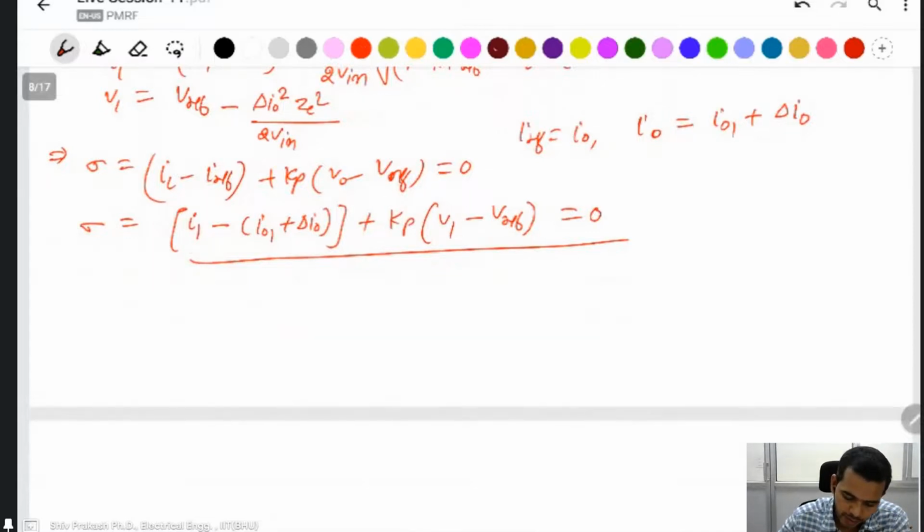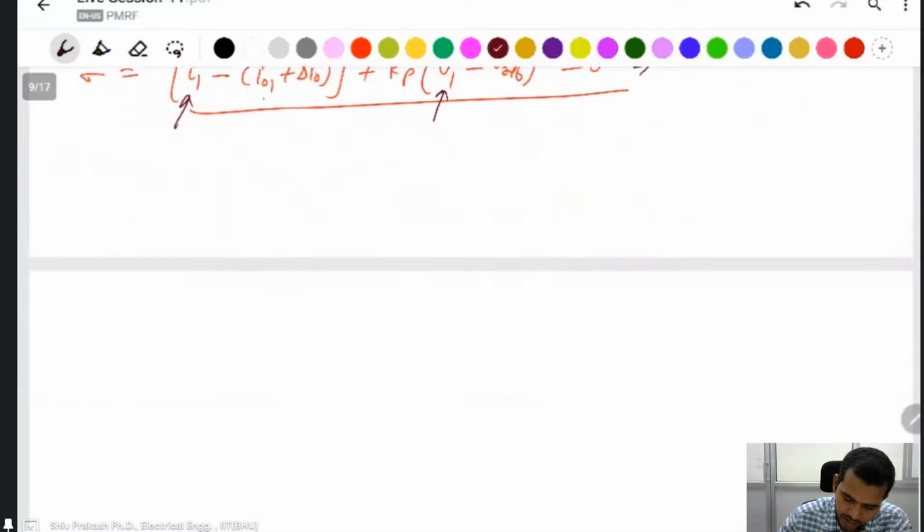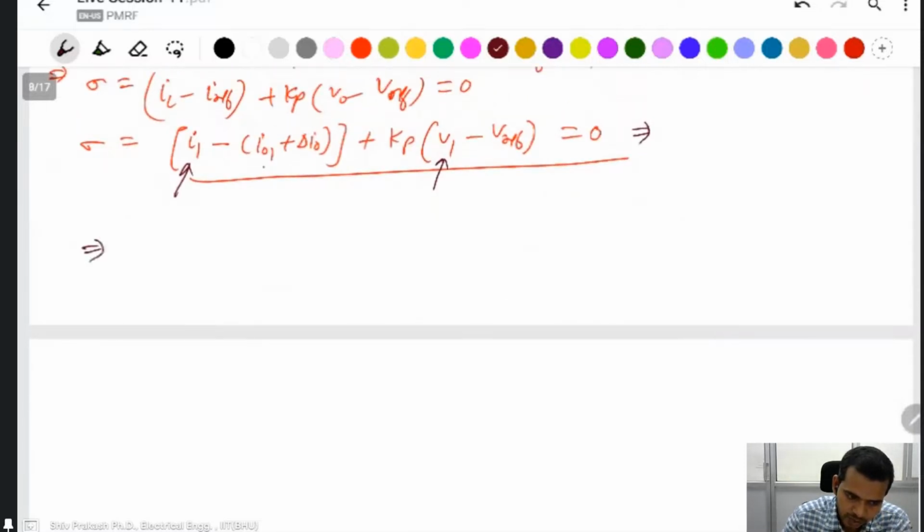Now you find V1 and I1 from the equations, and I01 is given, and delta I0 is also given, and V reference is given like the output voltage. Everything is given, only Kp is unknown. From this equation we find the value of Kp.